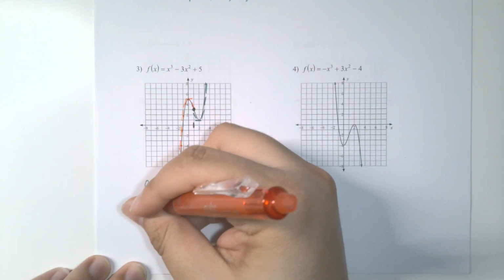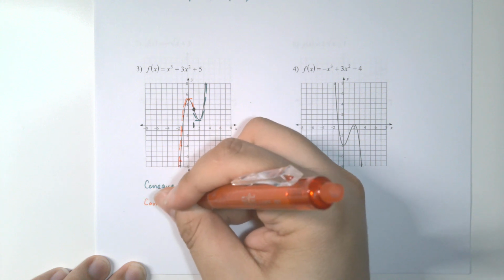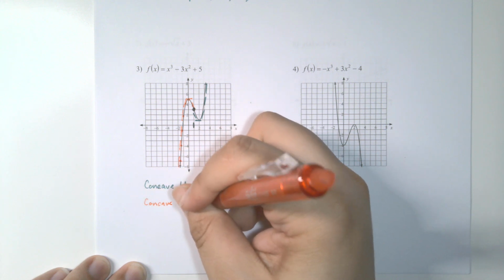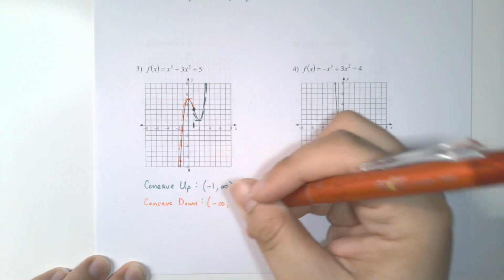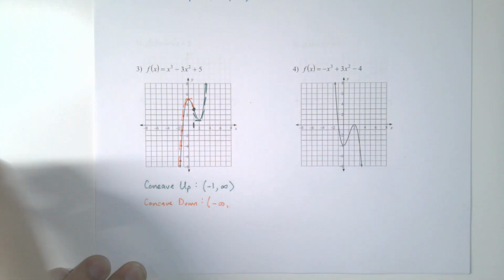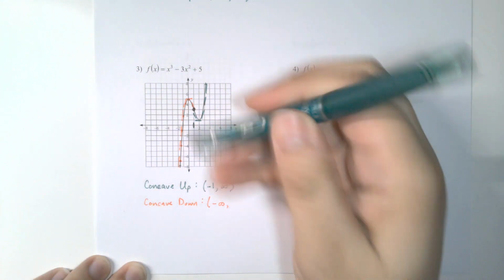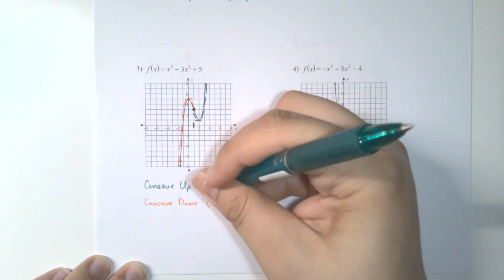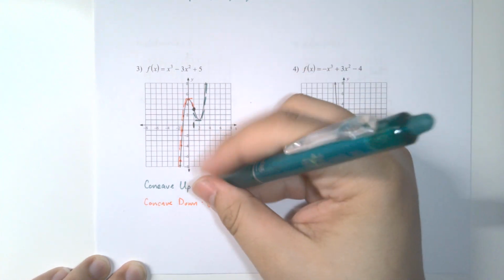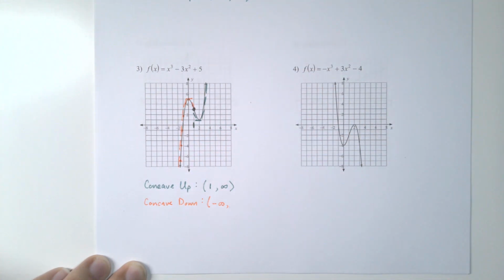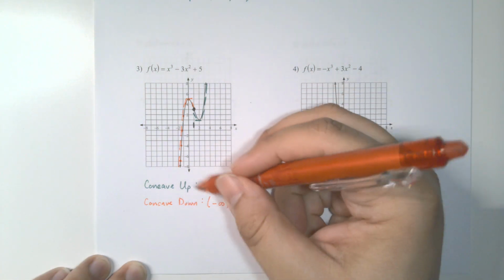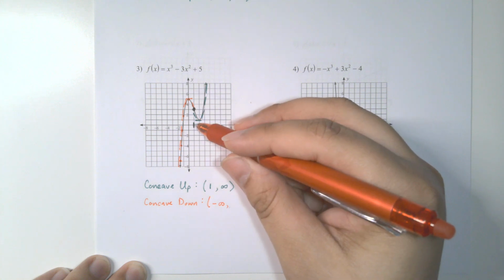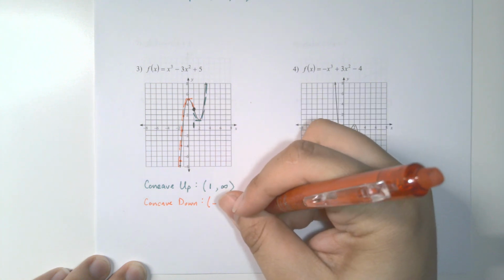And then it's concave down from negative infinity to, oh, why did I write -1 there? Sorry about that. +1, +1, +1. And so concave down from negative infinity to +1, like that.